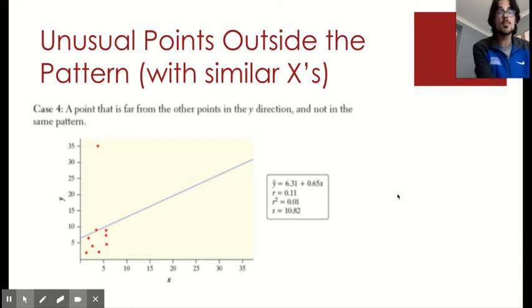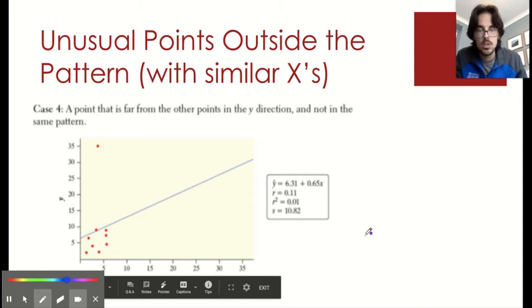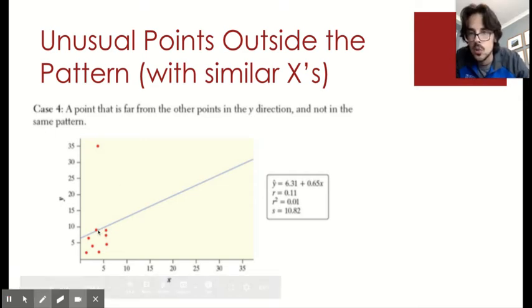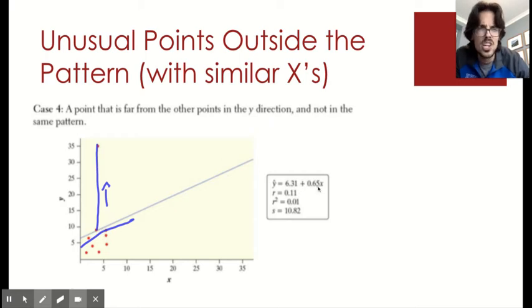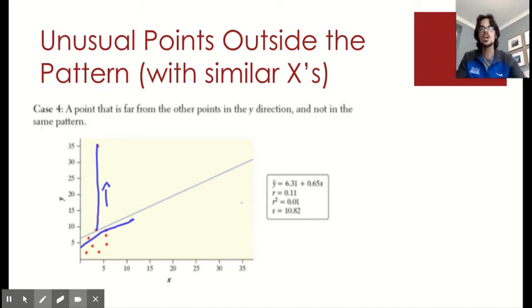So if you have a point in the middle of all your other points, picture that guy attached to a string right here. It's going to yank the whole line upwards a little bit. Instead of being through the middle of the points here, it shifted the whole line up. The slope might have changed a little bit, but the biggest difference is in the y-intercept and the vertical placement of the line. R and r squared are definitely changed.